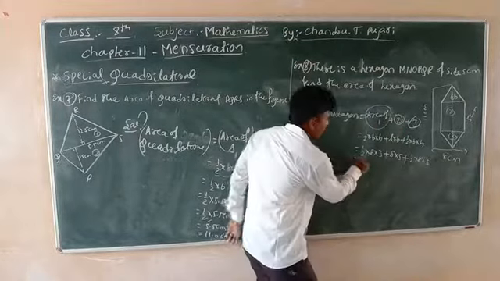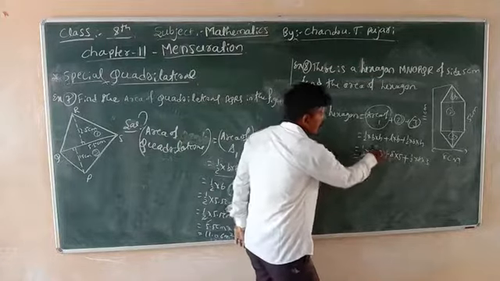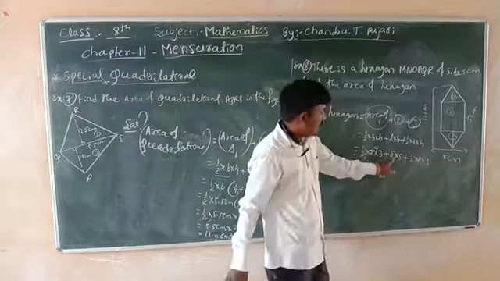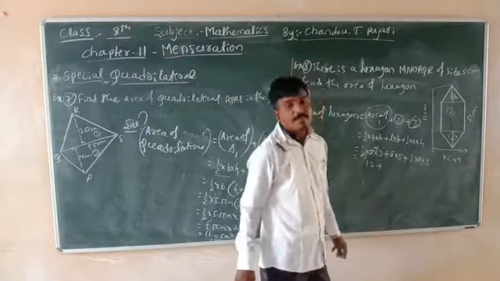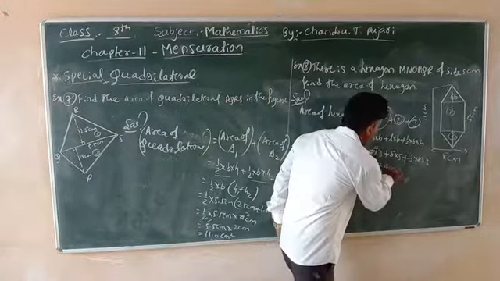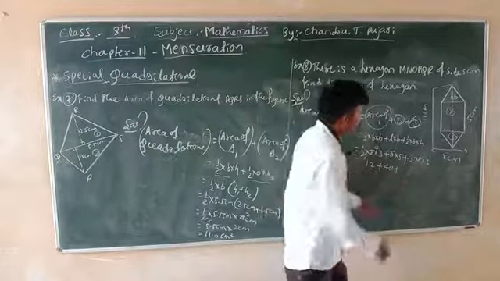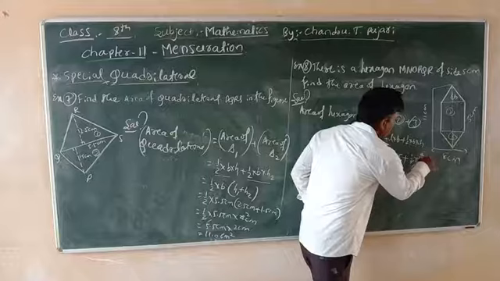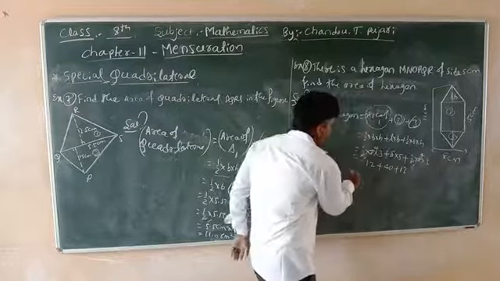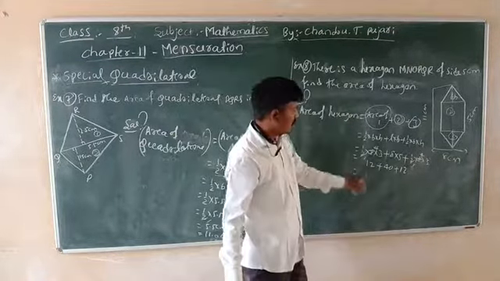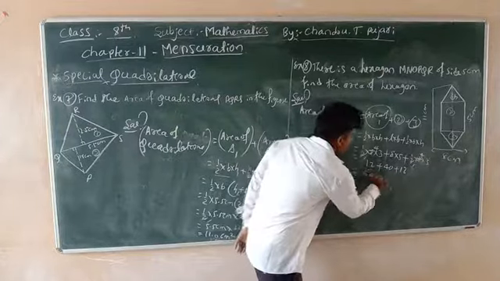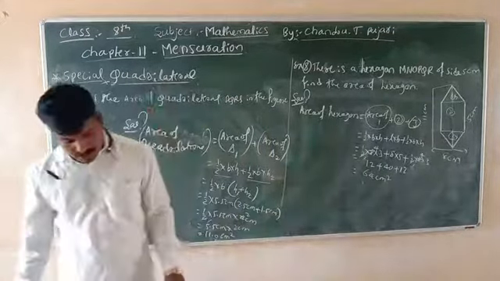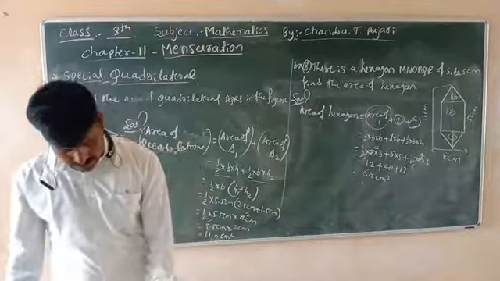Multiplication: 2 fours are 4... 4 threes are 12, plus 8 fives are 40, plus again 12. Therefore the area of the hexagon is 64 centimeters square.